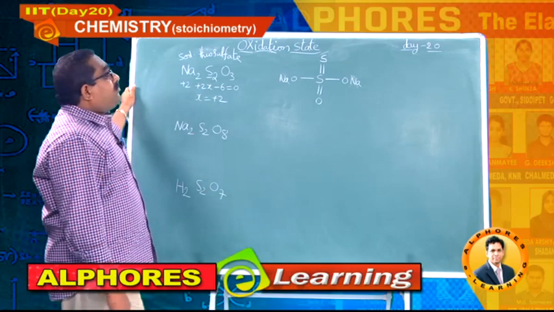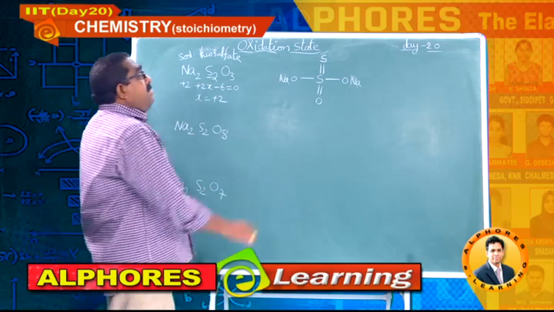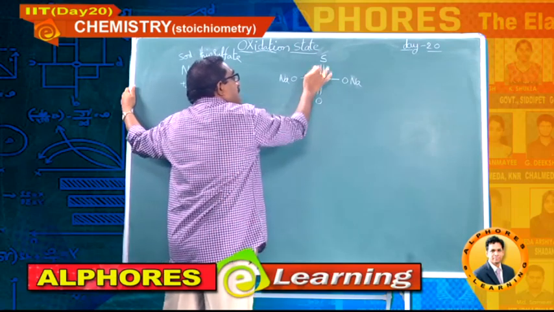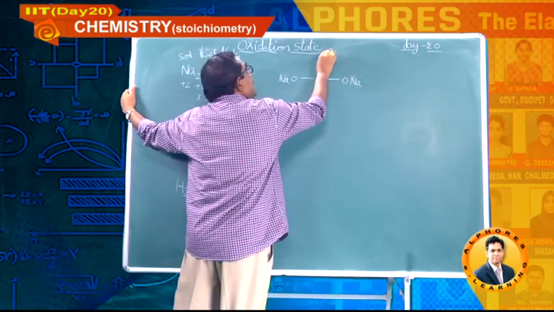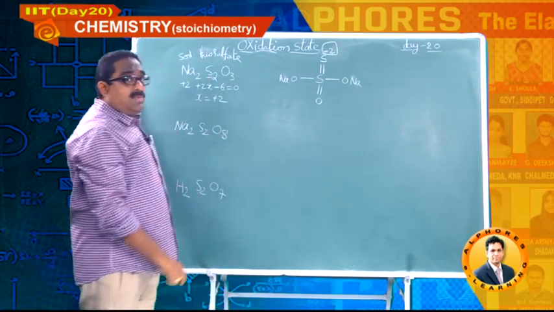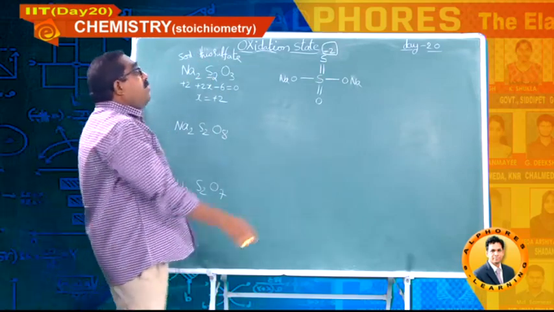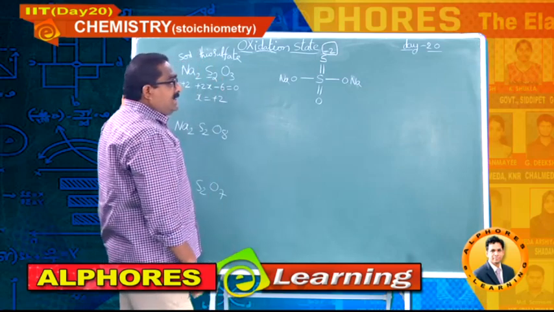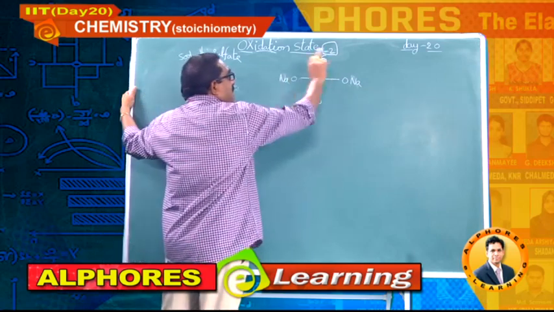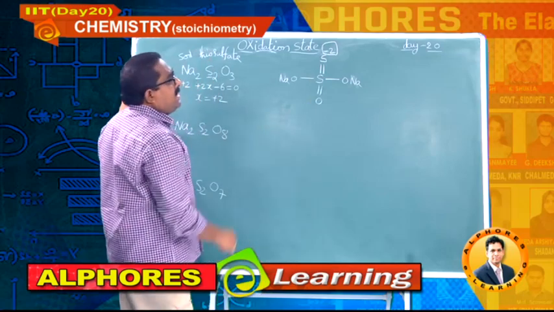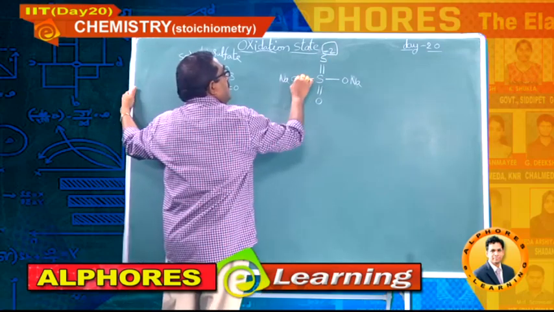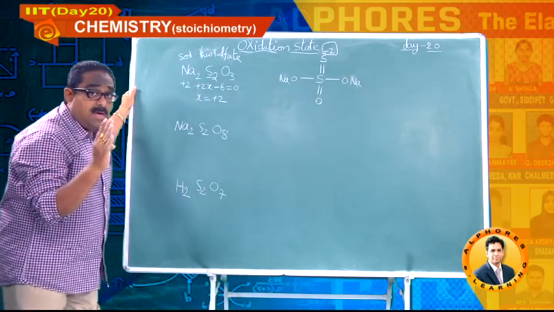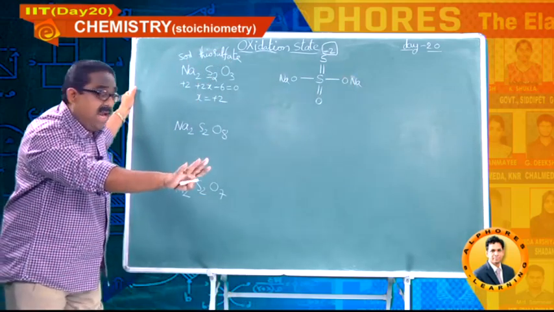Now, the terminal sulfur is bonded through a double bond, so the net should be 0, but the terminal sulfur is -2, bonded through a double bond. Now come to the central sulfur. The net should be equal to 0. Based on that we can calculate: -2, -2, -2, -2, total four -2s, -8.